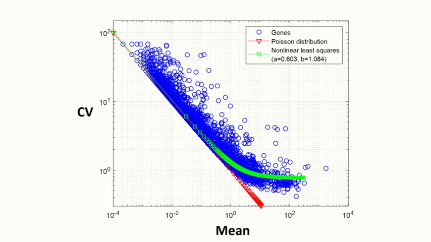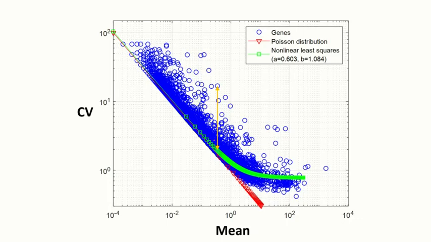So what we want to compute is your observed CV, the variation, against your expected. If this gene follows the trend of the global pattern of other genes, this particular CV should be here based on its average.